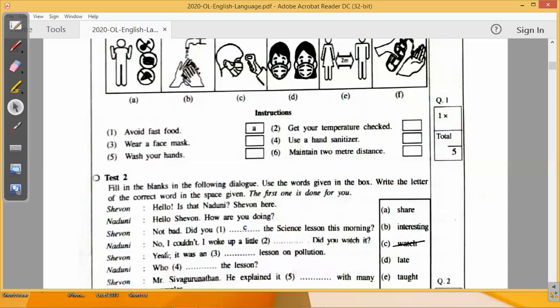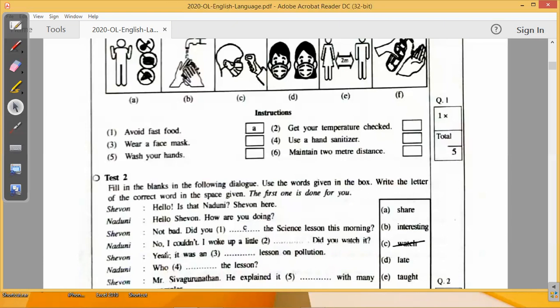Oh, right, someone is trying to talk to a person called Naduni, and of course Naduni is a female, and Siobhan is the person who is asking for Naduni. Okay, now Naduni answers, hello Siobhan, how are you doing? So that's a typical sort of conversation, a dialogue, I would rather call it.